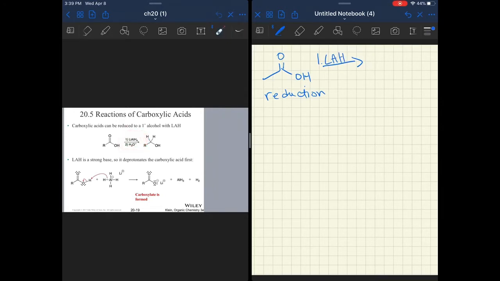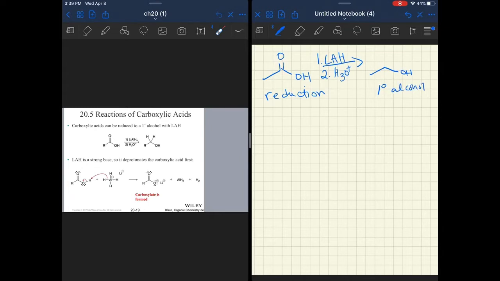It's the same thing. And then work up with water or a dilute acid. It's important that you make these two separate steps. It's dangerous to put water in with lithium aluminum hydride. This will reduce a carboxylic acid to a primary alcohol.